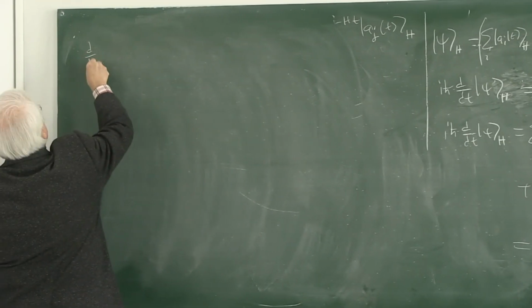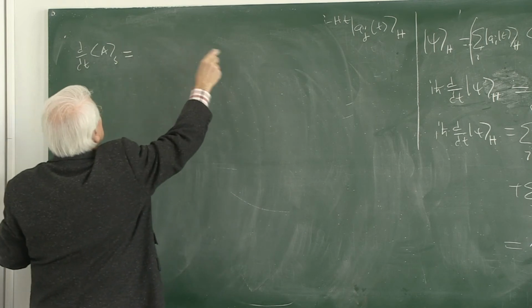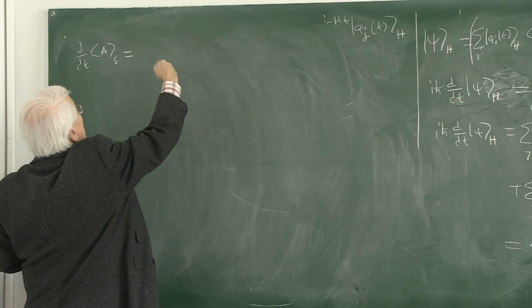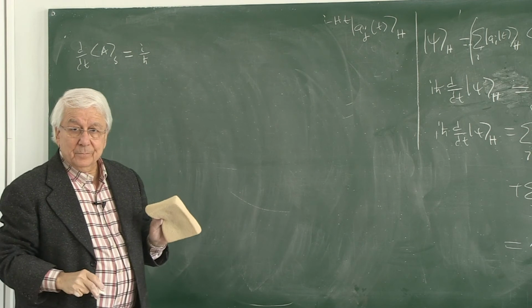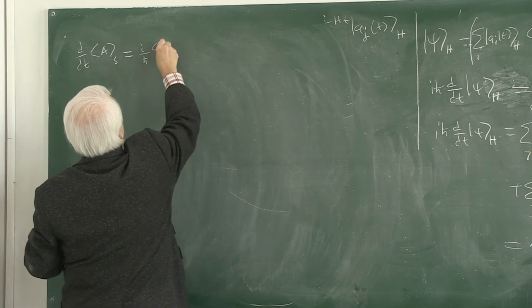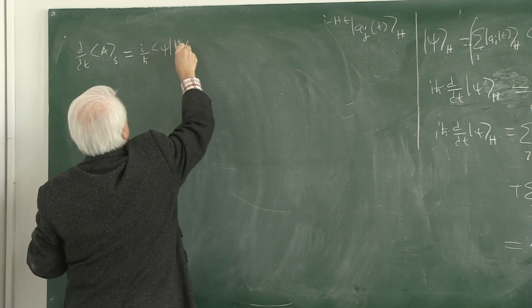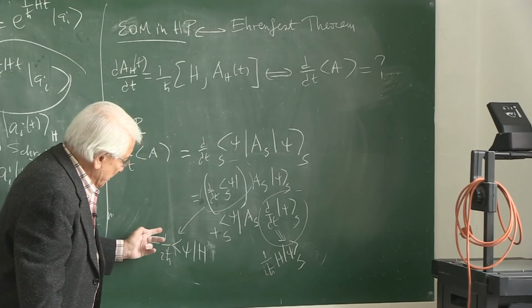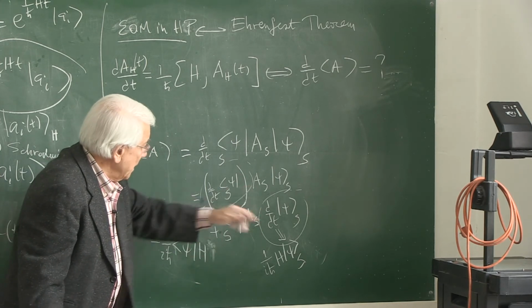So d by dt, I have taken everything in the Schrödinger picture. On the right-hand side, I have 1 over i h bar, and on the left-hand side, minus 1 over i h bar, psi, H A. It is the term coming from this last one. There is a minus sign, I move the i up, plus becomes plus i over h bar, H times A psi.